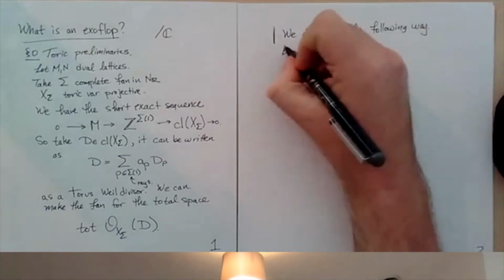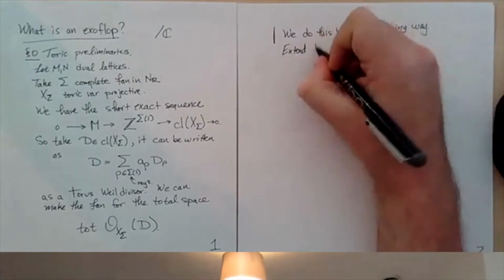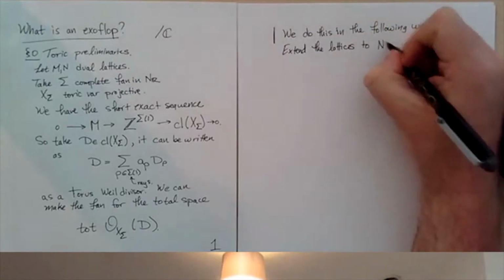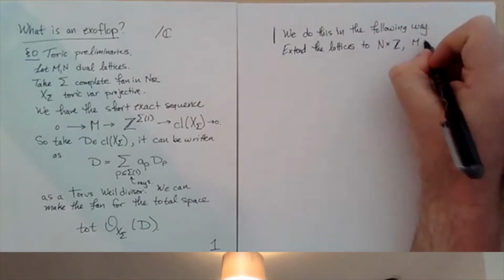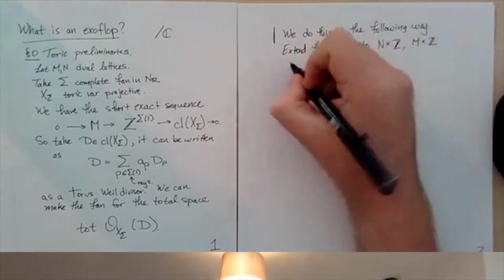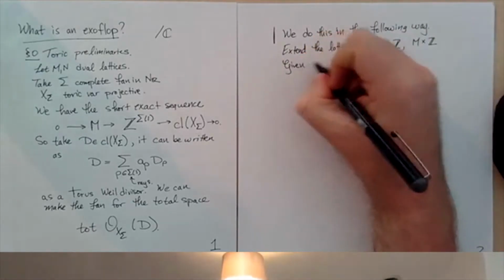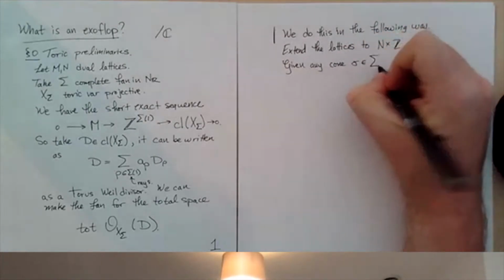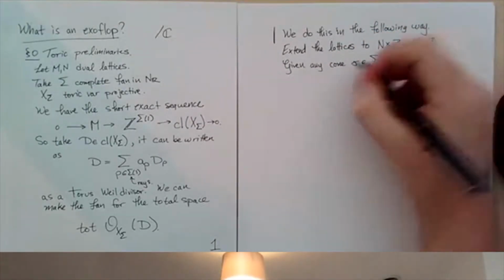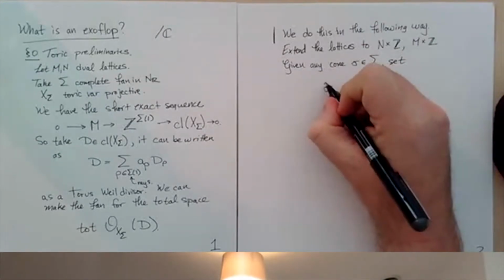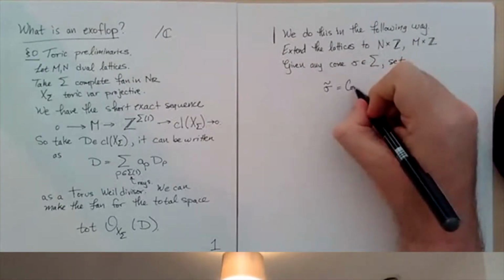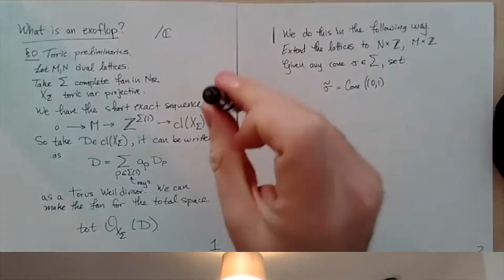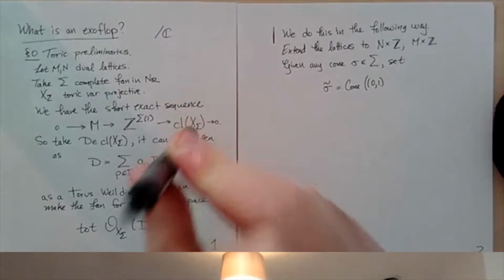Okay, so first we extend the lattices to N cross Z and M cross Z. And then given any cone sigma inside Sigma, set sigma twiddle to be the cone over, we just have this (0,1), just going upward out of the page of M and N, right?